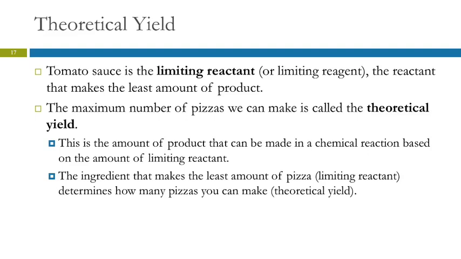Would you have 3 pizzas? No. So even though you had enough stuff and the reaction was happening, you don't always get what you think you can. So the theoretical yield is how much you could get if everything works perfectly. And that is the amount based on how much of the limiting reactant you have.